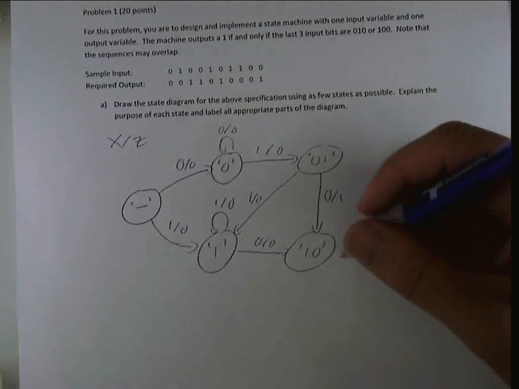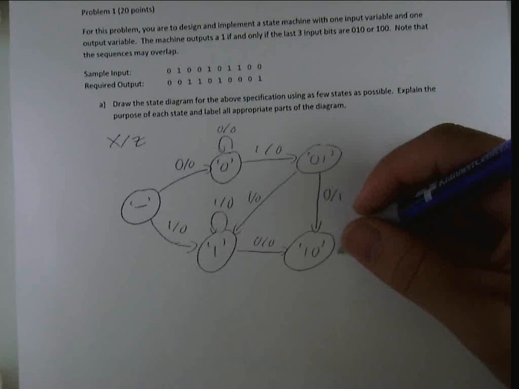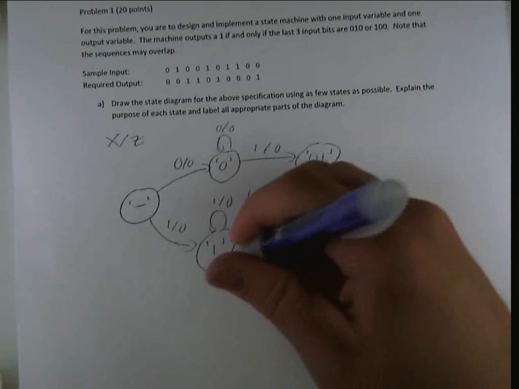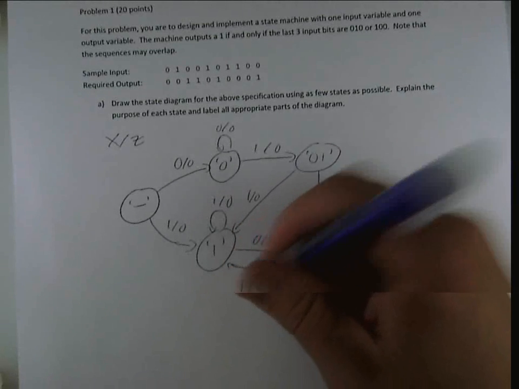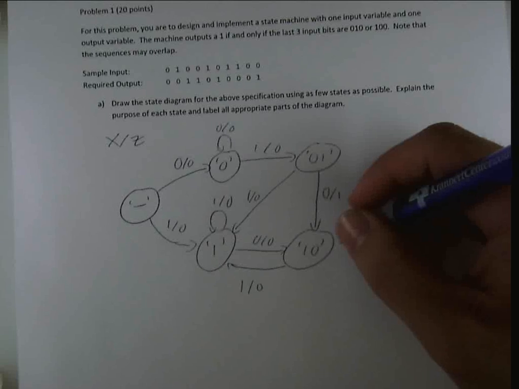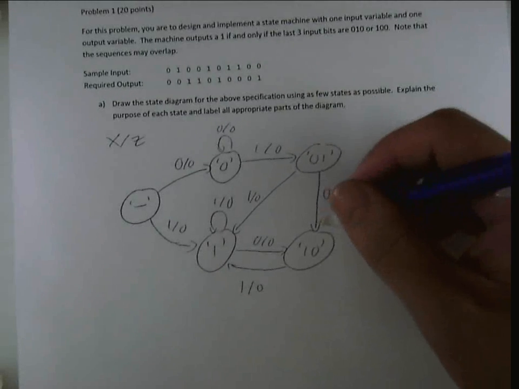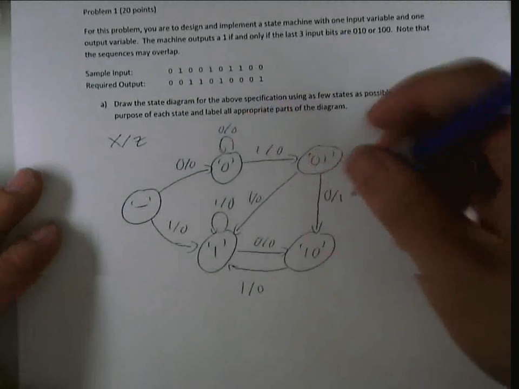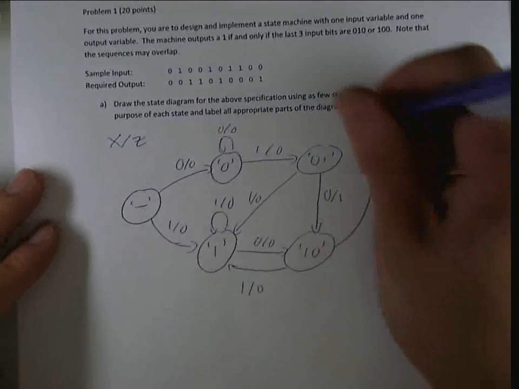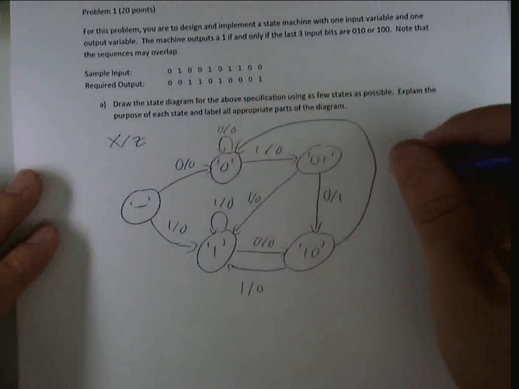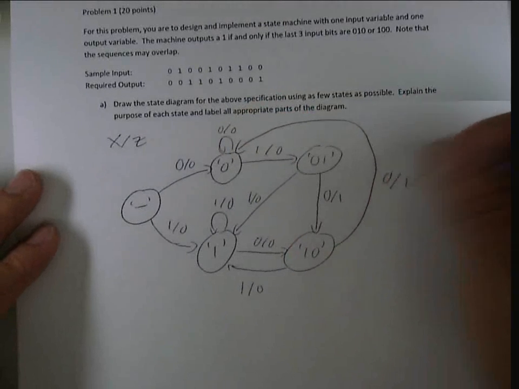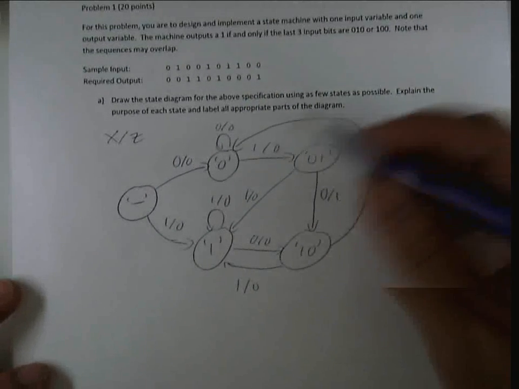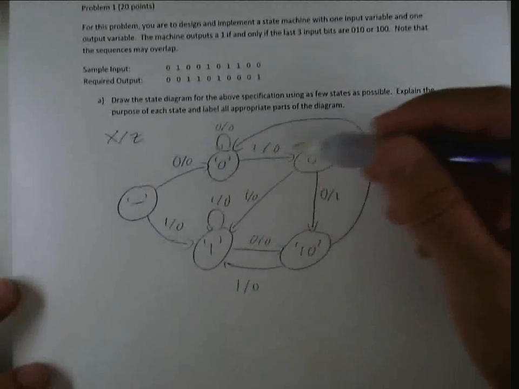And then if I get a 1 while in this state, I've broken my sequence, and I want to go back to here. And if I get a 0 while in this state, I've got 1, 0, 0, which is essentially the same as this. And so I'm going to do a big loop around to make it a little clearer. 0/1. And so now every one of my states has two state transitions leaving.